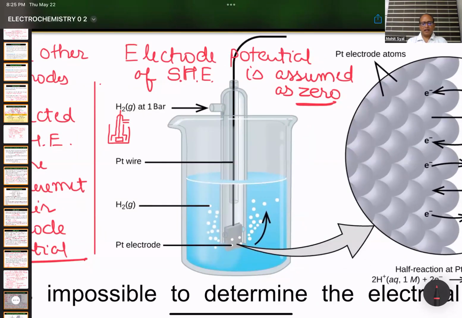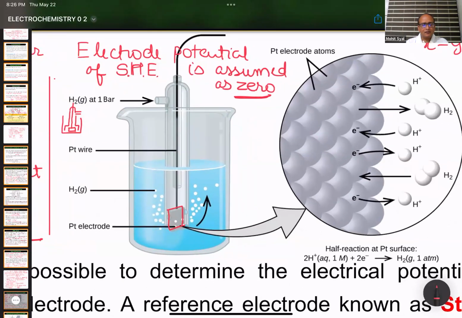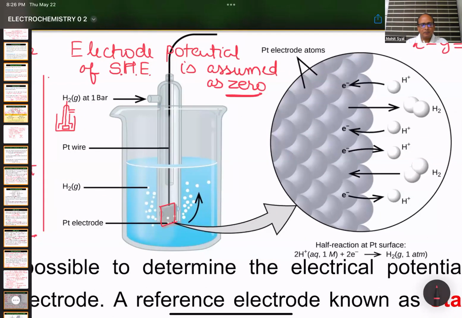This is a sealed platinum wire, and it has a flat end, and it provides the surface for the redox reaction, because you need electrodes, you need some surface of a metal where the platinum wire itself is inert.